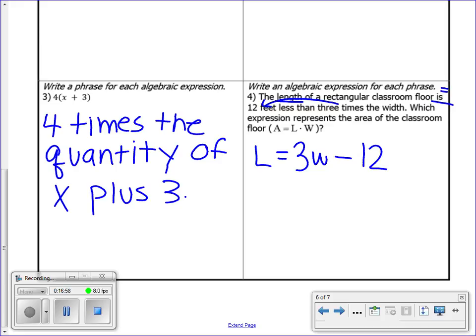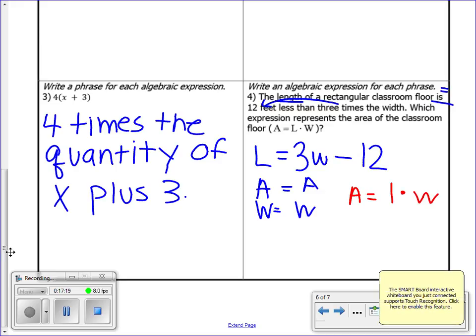Which expression represents the area of the classroom? This time we don't know area, so we're just going to keep A equals A and W equals W. So we're going to plug into our formula. A equals length times width. Again, this time I do not know what A or W is, so I'm going to keep it the variable.